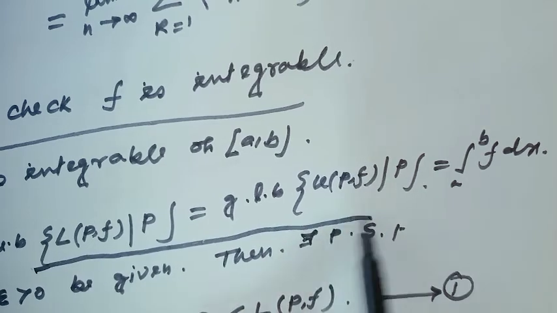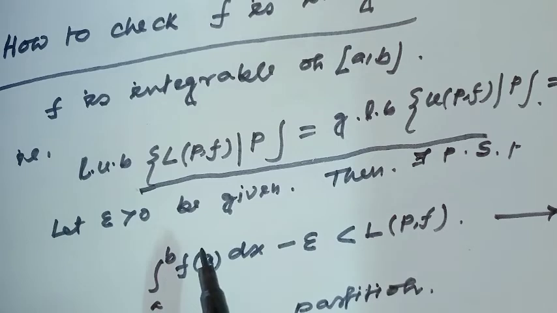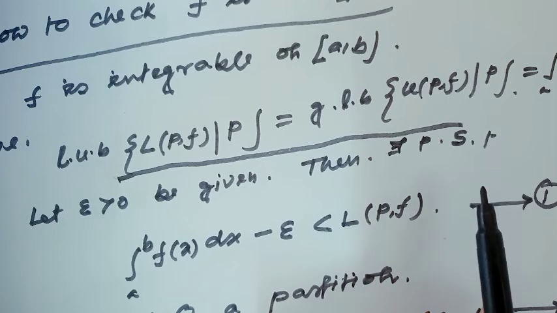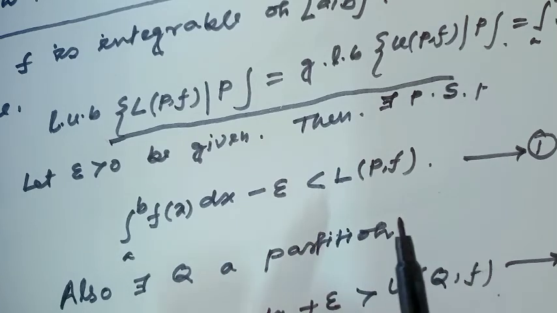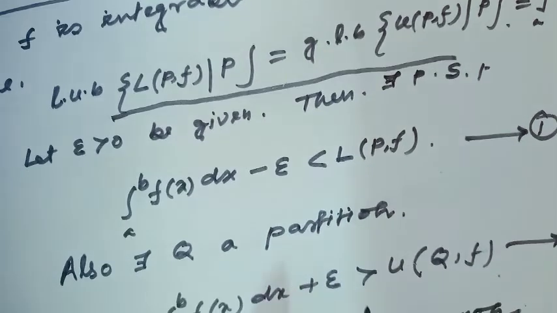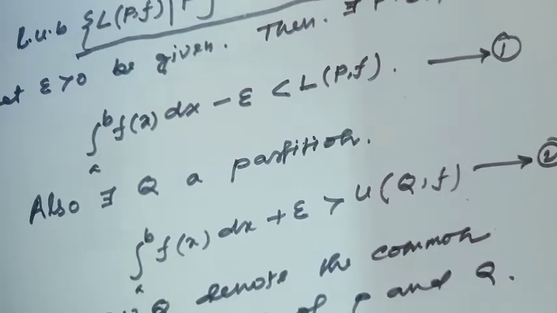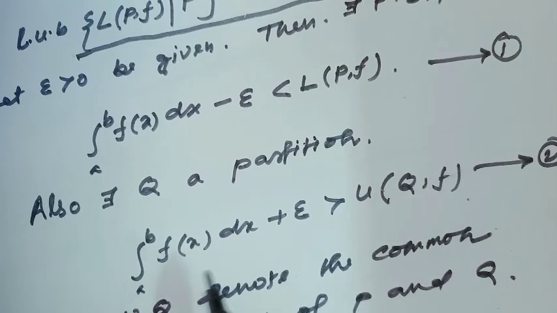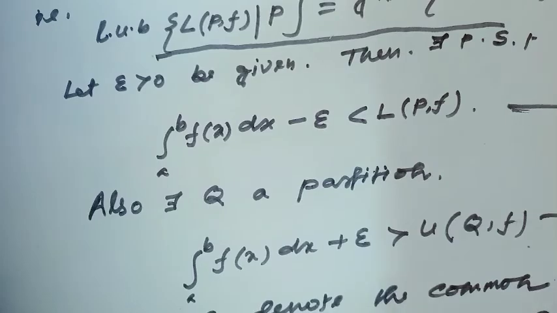And from this relation, we can tell mathematically, let epsilon be greater than 0 be given, then there exists a partition P such that integral a to b f(x) dx minus epsilon is less than L(P, f). Also, there exists a partition Q such that integral a to b f(x) dx plus epsilon is greater than U(Q, f). This is denoted as 1 and this is denoted as 2.